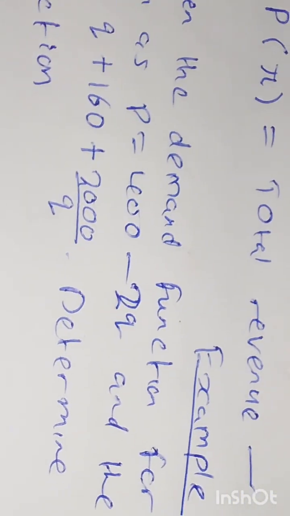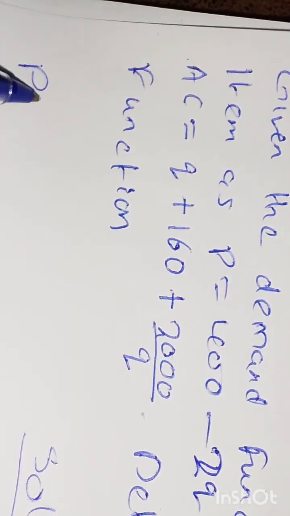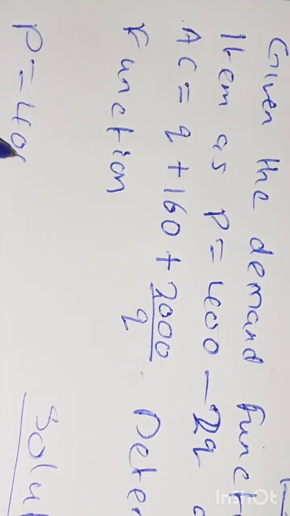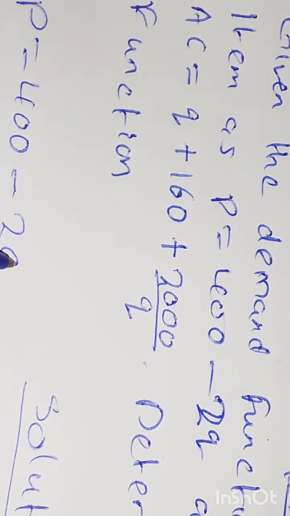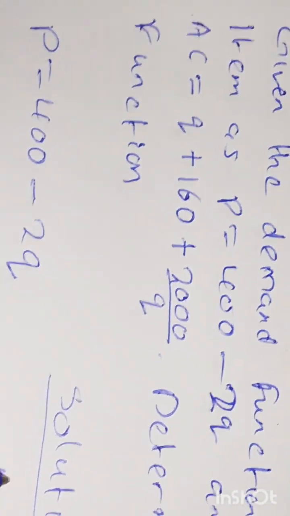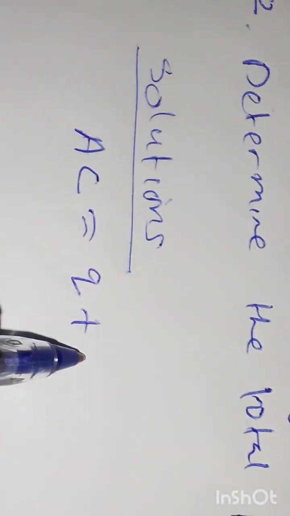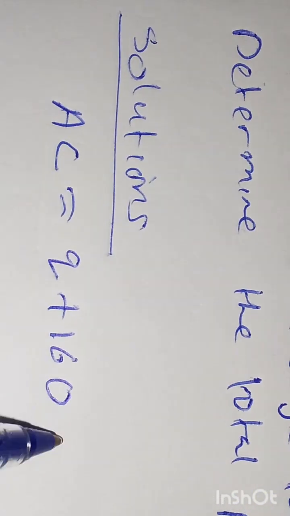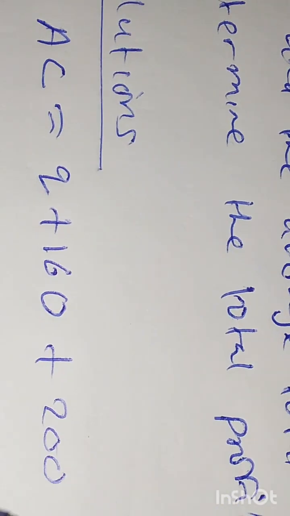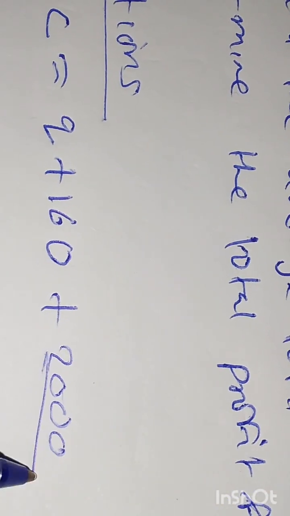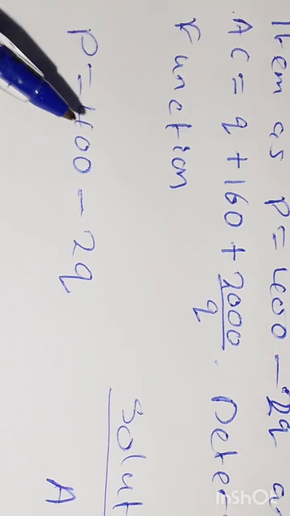Here you have been given two equations. Price is equal to 400 minus 2Q, and you've also been given AC, average cost, is equal to Q plus 160 plus 2000 over Q. We should know that price has to do with total revenue.